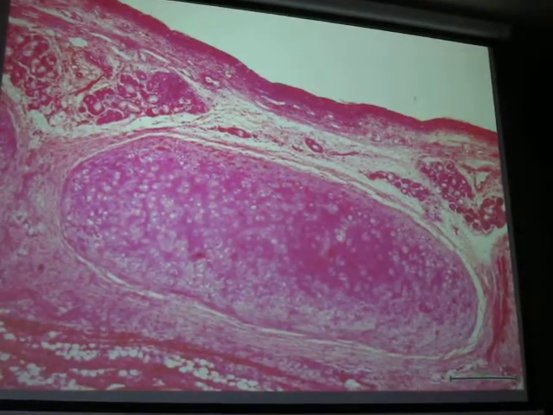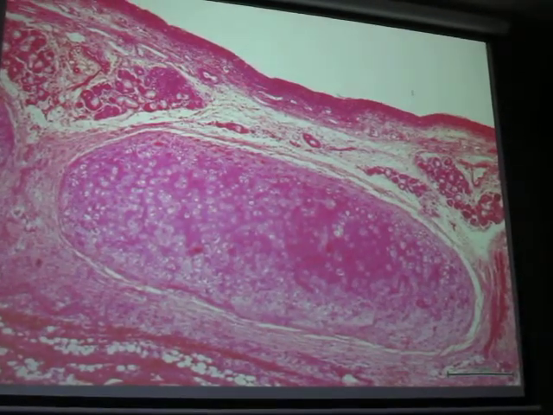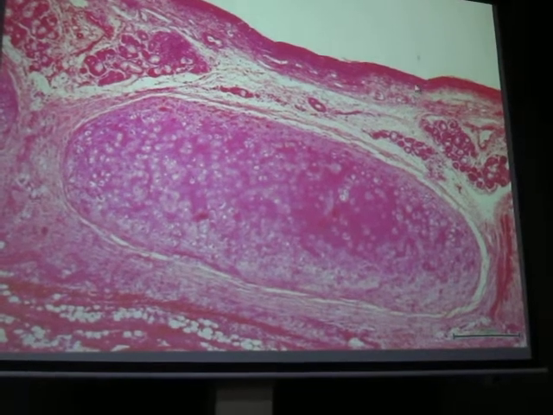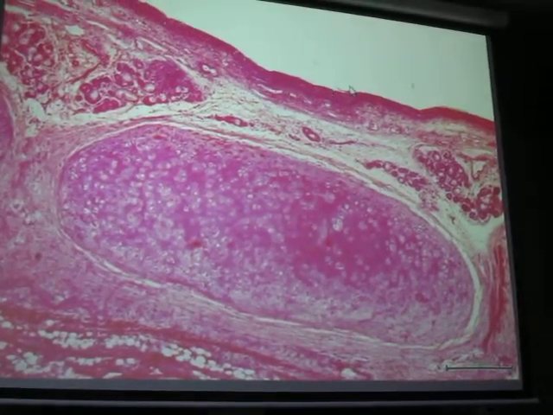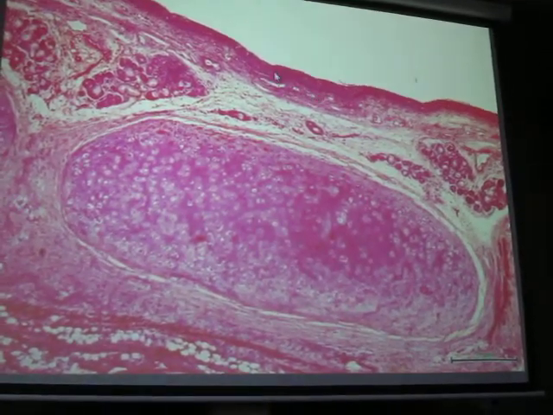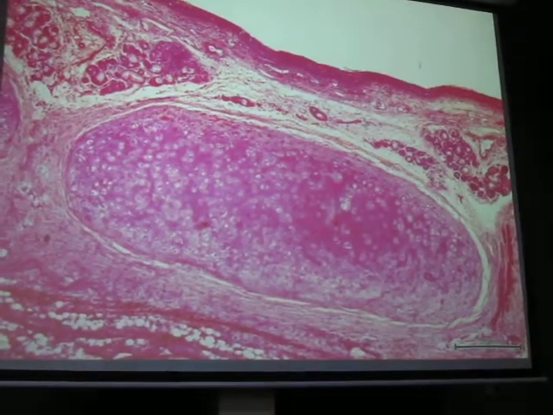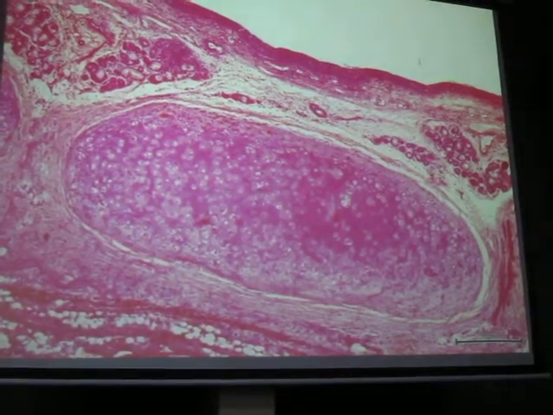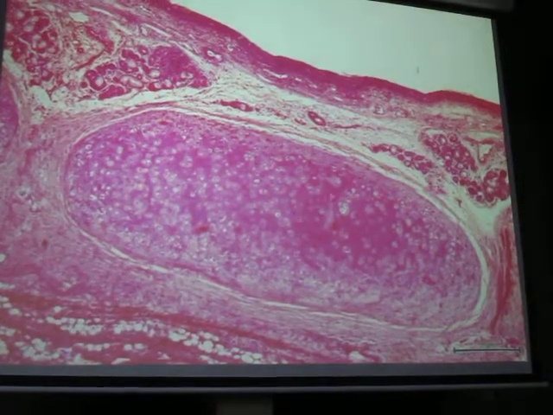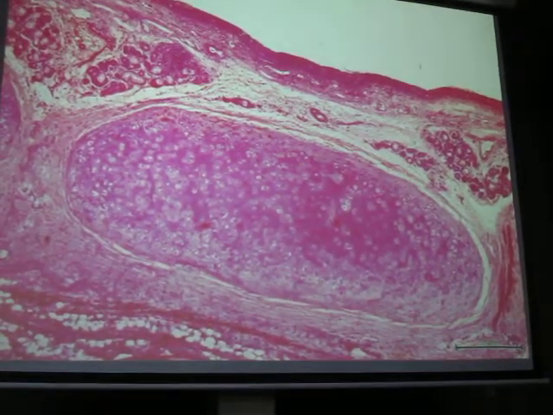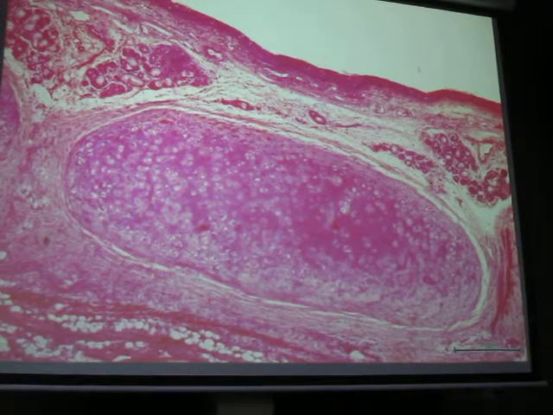Trachea. Okay, the lining is respiratory epithelium or the pseudostratified columnar ciliated with goblet. In the submucosa you have the hyaline cartilage and your submucosal glands.